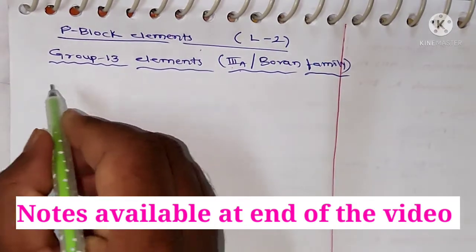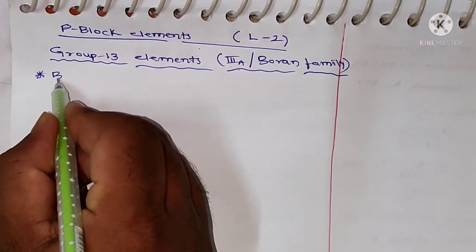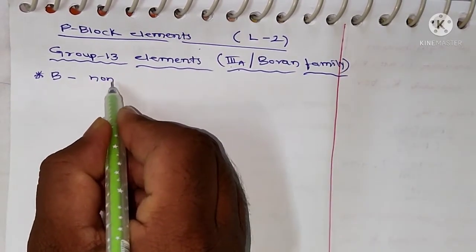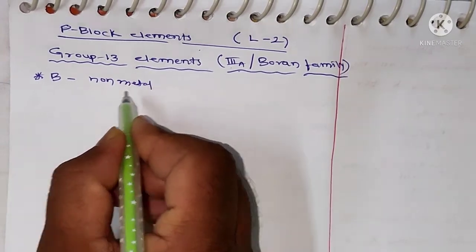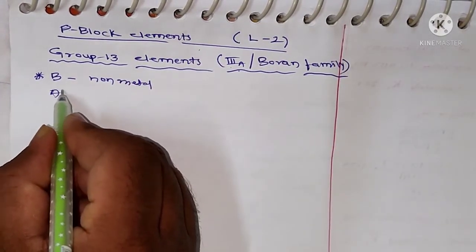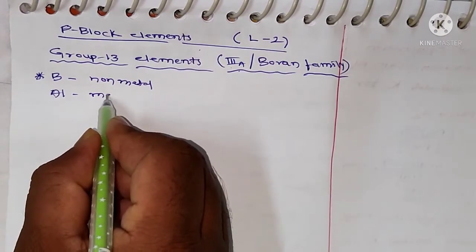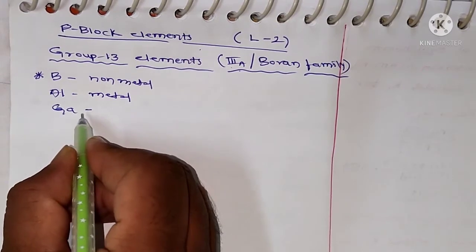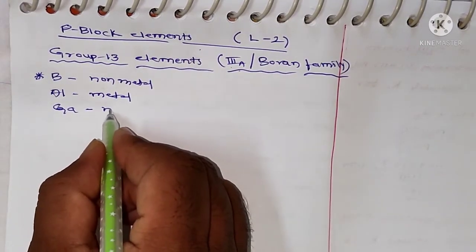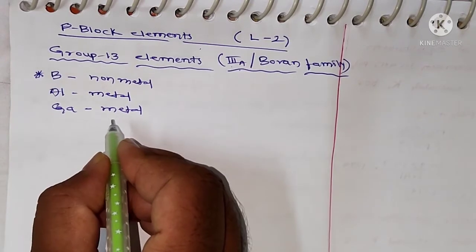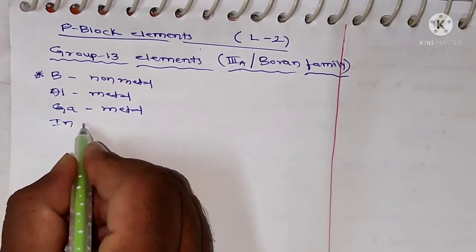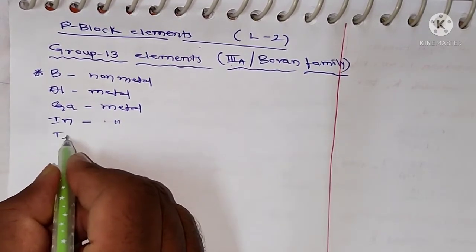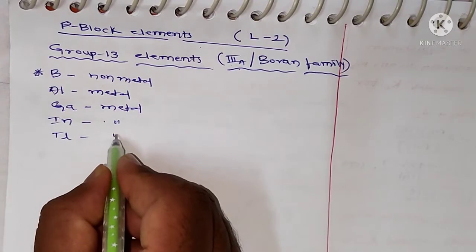The elements of this group are boron, a typical non-metal; aluminium, a metal; and gallium, indium, and thallium, which are almost metals.